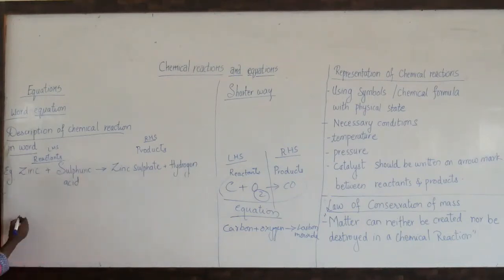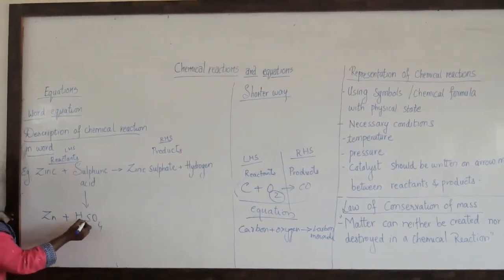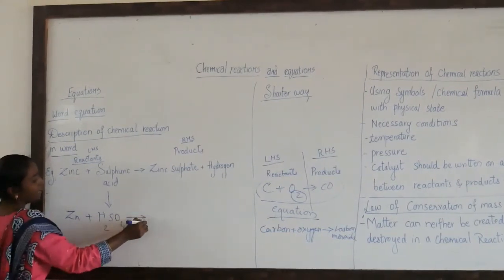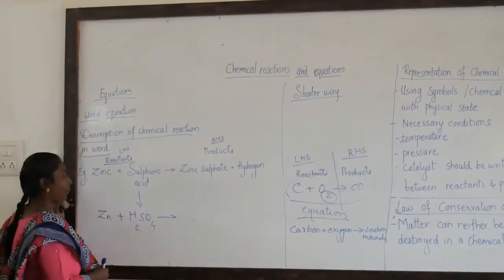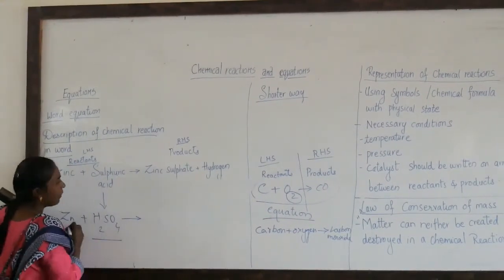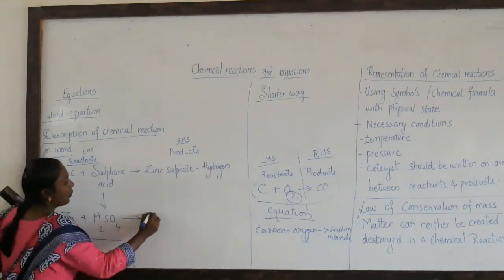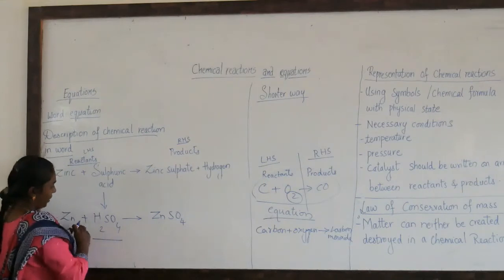Zinc. What is the symbol of zinc? Zn. Sulfuric acid, H2SO4. The formula of sulfuric acid is H2SO4. I think in 9th standard you have read how to write the formulas, right? Please do not forget that. Very, very important. When zinc reacts with sulfuric acid, you are going to get zinc sulfate, ZnSO4.